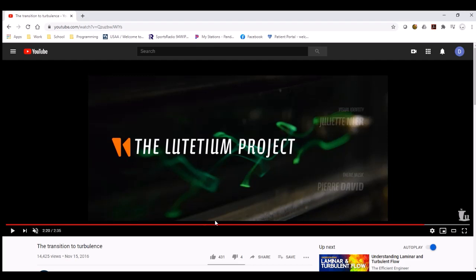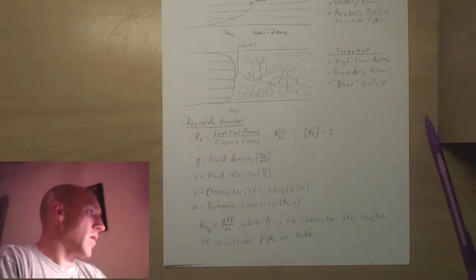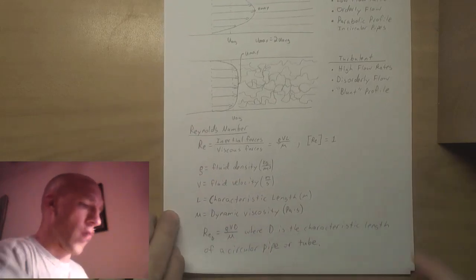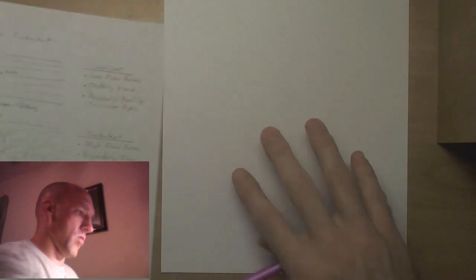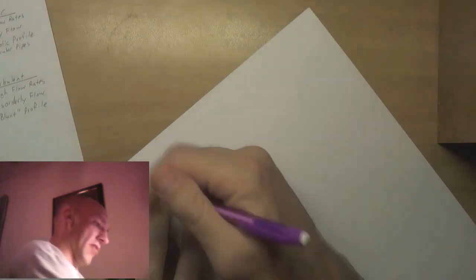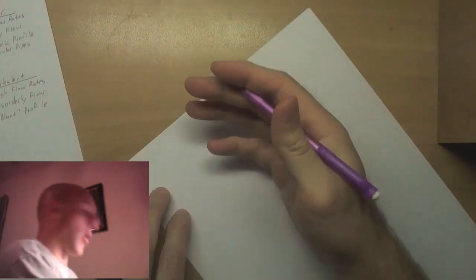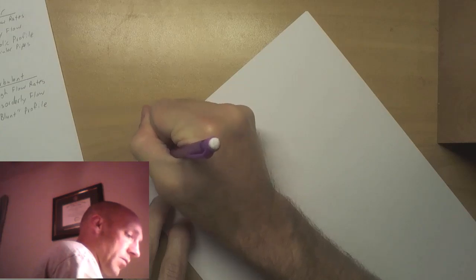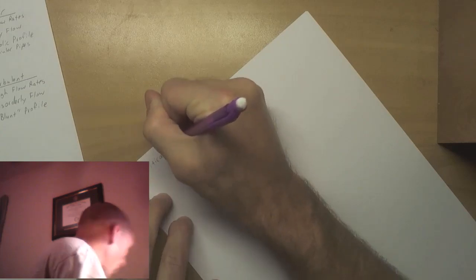So the upshot here is that at some critical Reynolds number, at some value of the Reynolds number, the flow becomes turbulent. Okay, that value of the Reynolds number is called the critical Reynolds number.